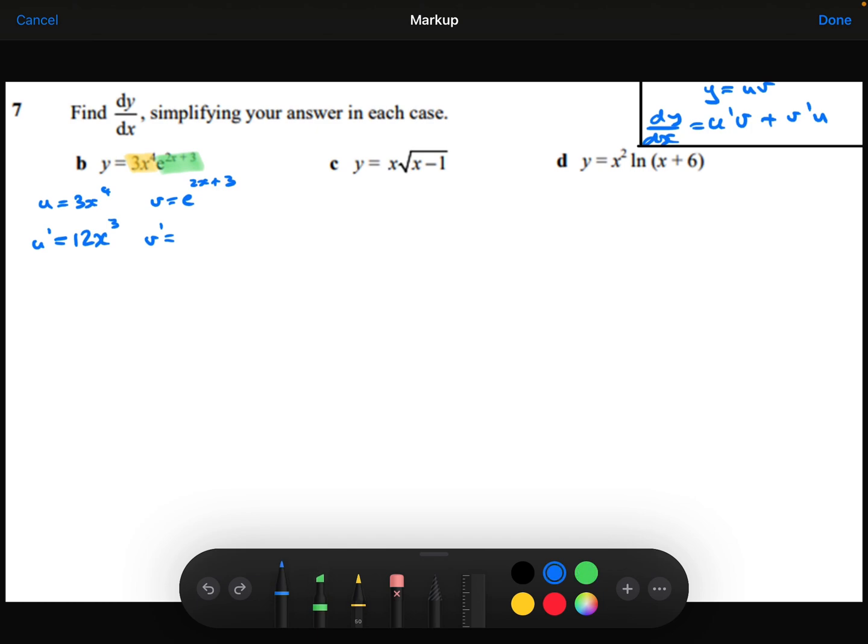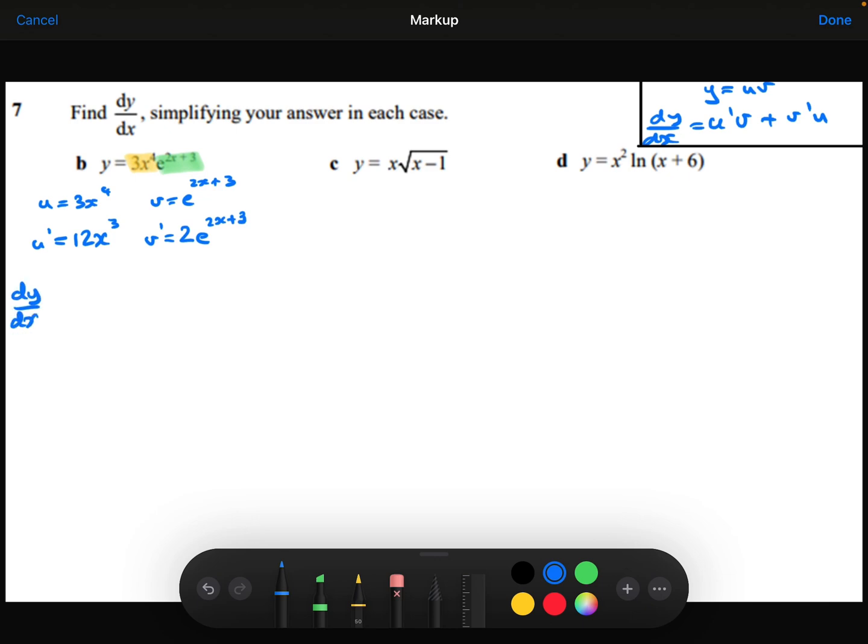So we're going to differentiate the outside function first, which is the exponential, and that differentiates to be the exponential. And then by the chain rule, I have to multiply this by the derivative of the inside, and when I differentiate 2x plus 3, I get 2. Right, let's now apply the product rule then.